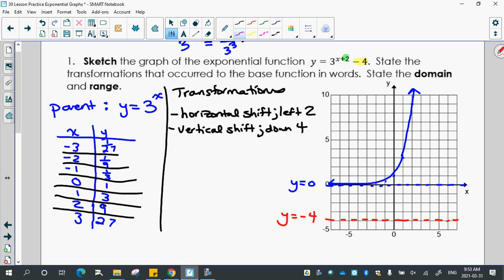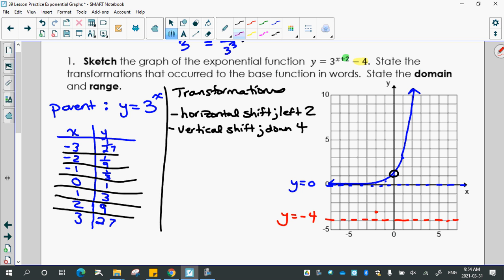Okay? So I like to start with this point, always the one that's 1. And I'm going to shift it left 2 and down 4. So left 2 and down 1, 2, 3, 4 puts it right there. That's my 0, 1 point.